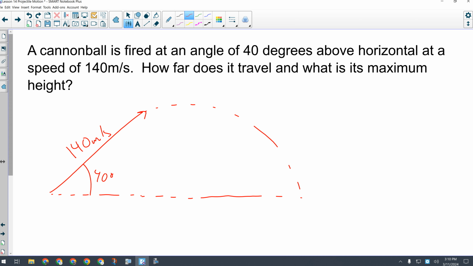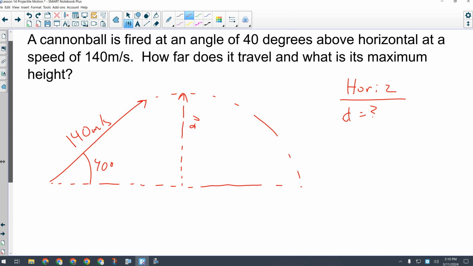We're going to assume that the launch and impact points are level, so there's no change in height. Okay, and we want to figure out how far does it travel. Okay, so horizontally, we're looking for D. Okay, and we're also looking for the maximum vertical displacement or maximum height.